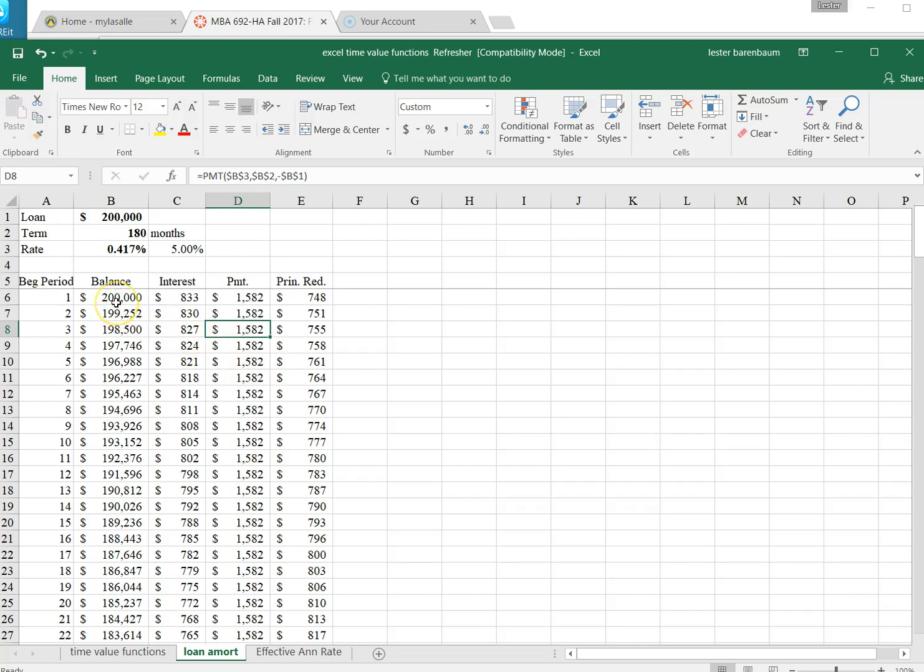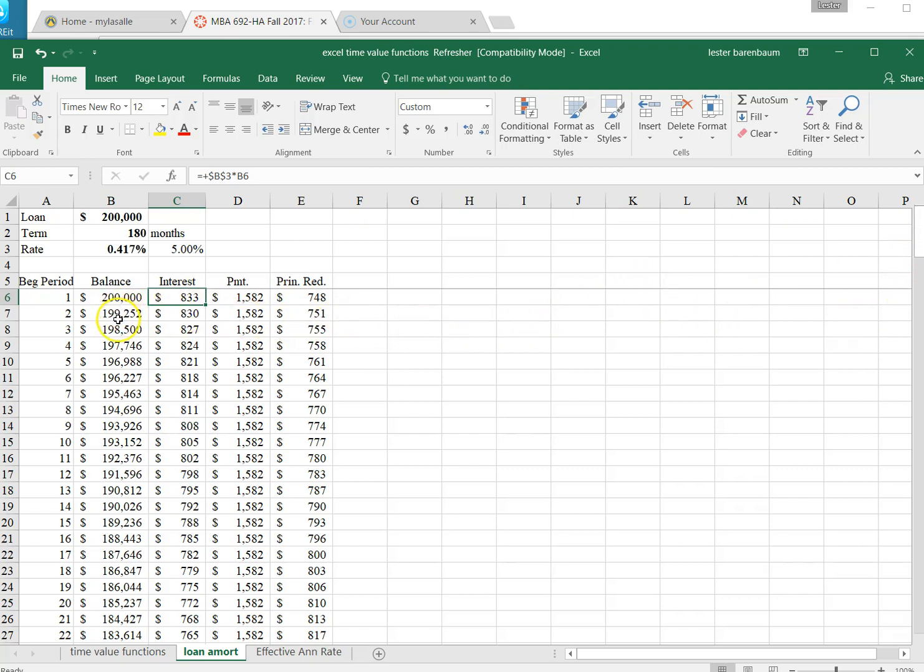With a loan balance of $200,000, the interest for the first month is $200,000 times the 0.417%. The difference between the payment and the interest is the principal reduction.